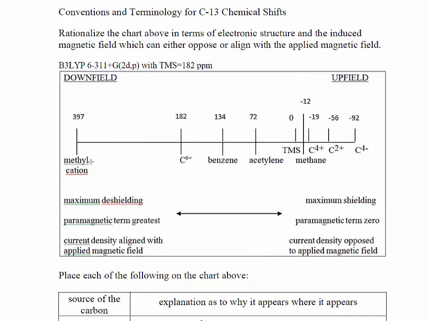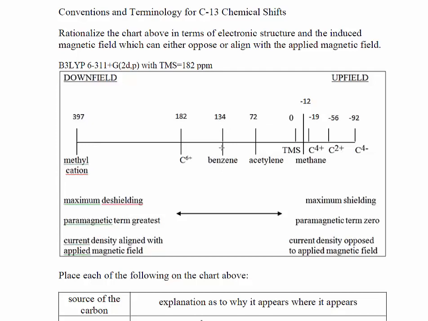That's why we see this as one of the most deshielded cases. It's one where the paramagnetic term is the greatest. The electrons act to add to the magnetic field, and it's found well downfield at 397 parts per million with respect to TMS. So its actual shielding would be, you'd add that, it'd be in the 580 parts per million range.